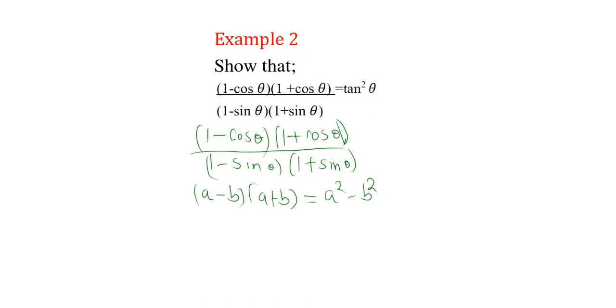So this means that our numerator becomes 1 squared minus cosine squared theta over our denominator becomes 1 squared minus sine squared theta.